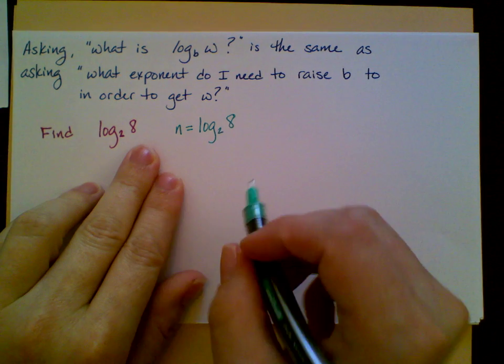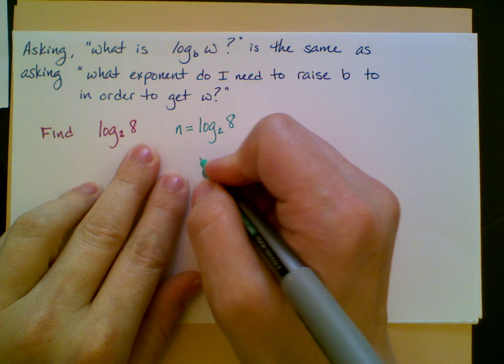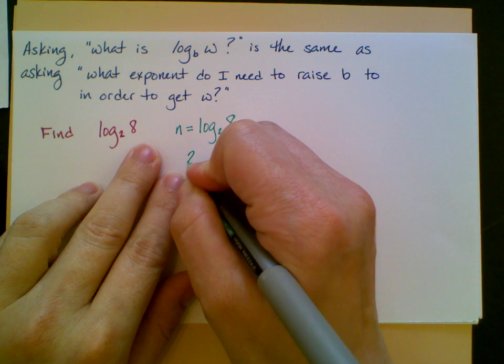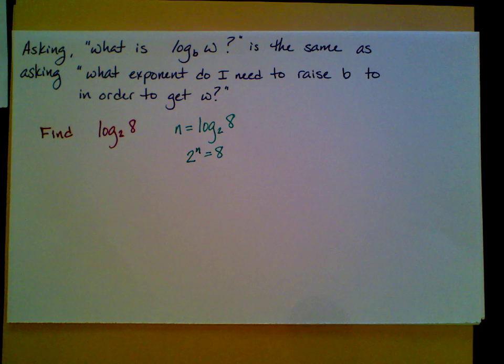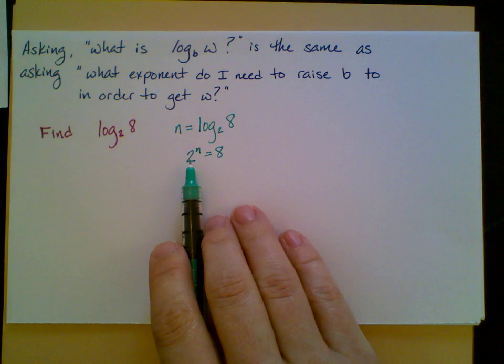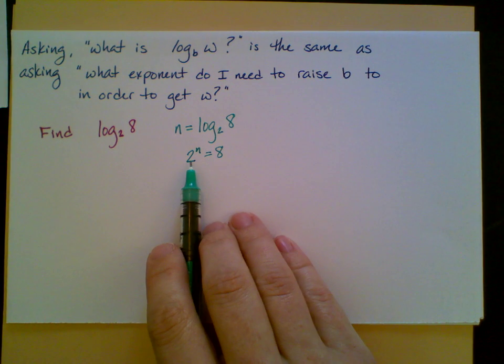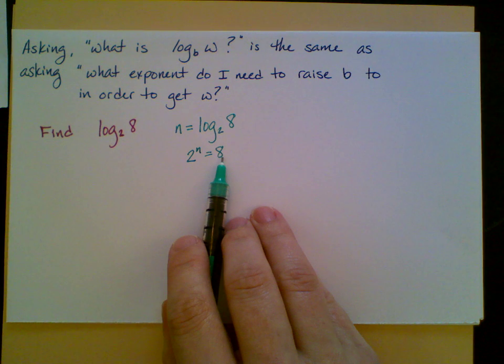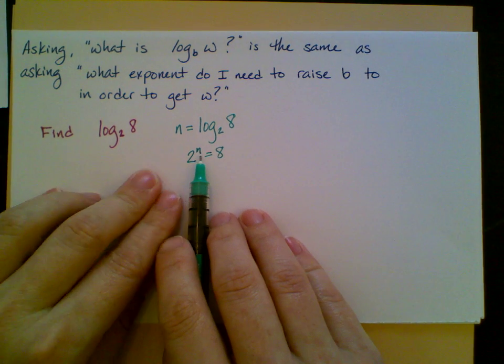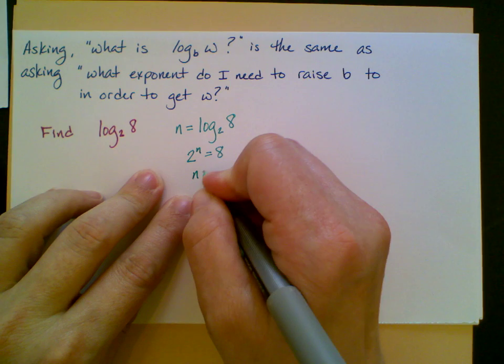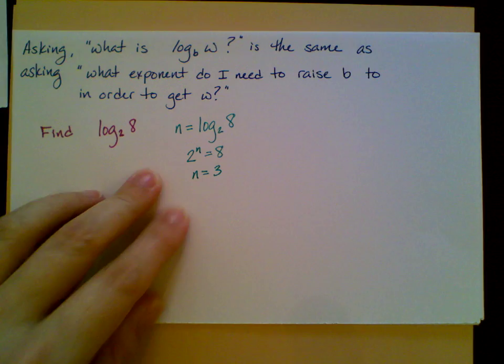When I write this in exponential form, I get 2 to the n equals 8. You could also write that as 8 equals 2 to the n. It's the same thing. But this makes it very clear that I'm raising 2 to a power and getting 8. And the only number that will do that is 3.